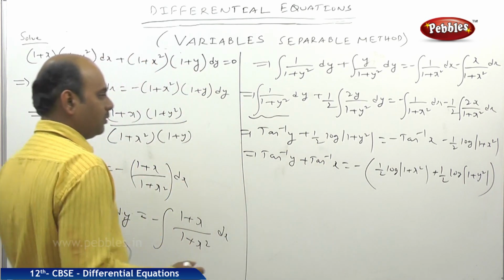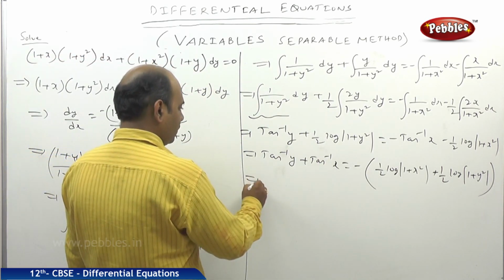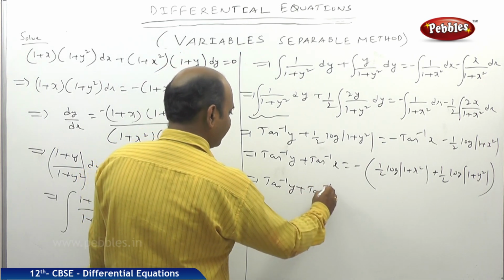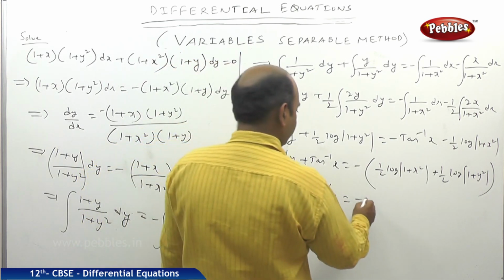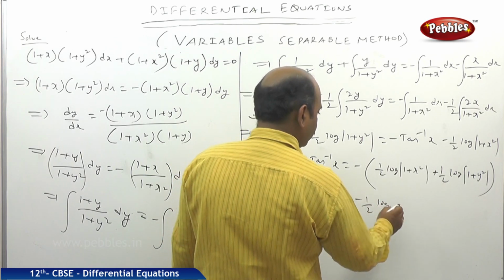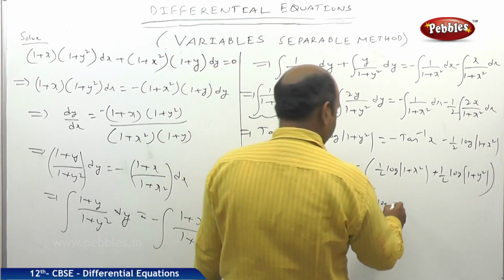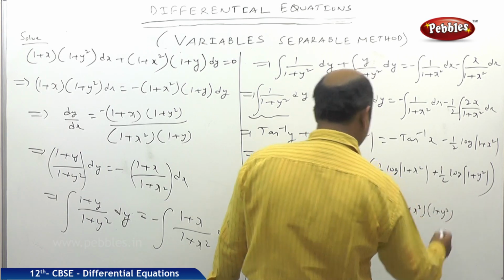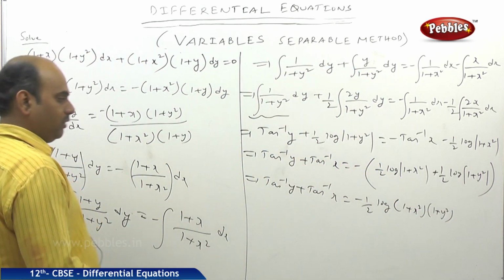So I can take 1/2 outside also. So what happens? Tan inverse y plus tan inverse x is equal to minus 1/2 (log m plus log n), which means log mn, that means log(1 + x²)(1 + y²).